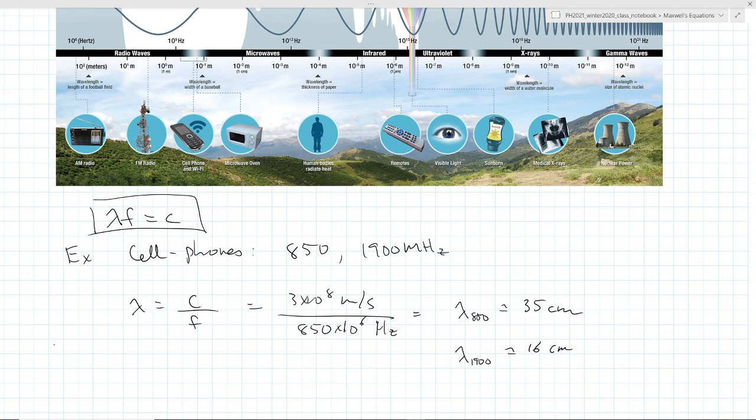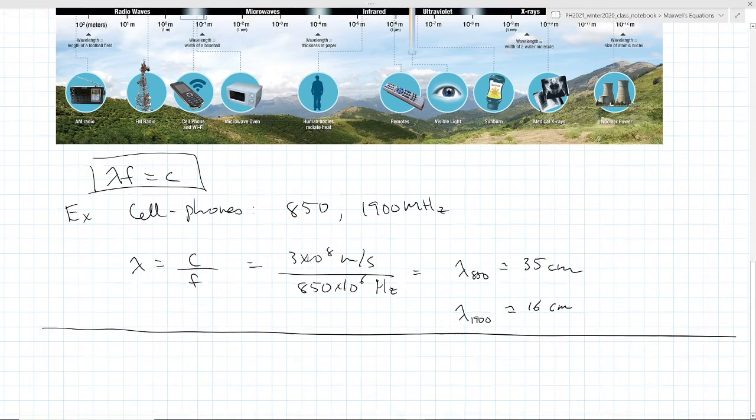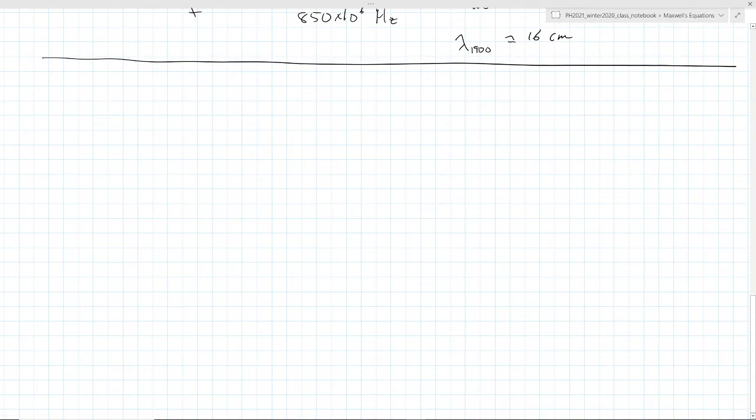Okay, so the last subsection that I wanted to mention is something called the Poynting vector. And this actually appears in section 31.8.